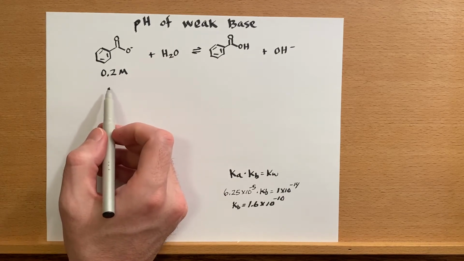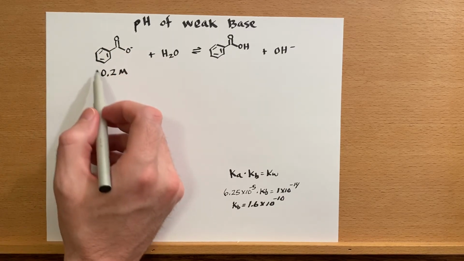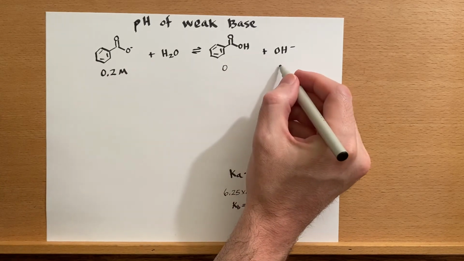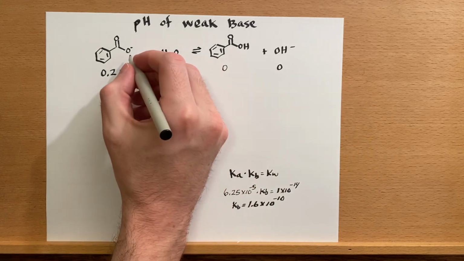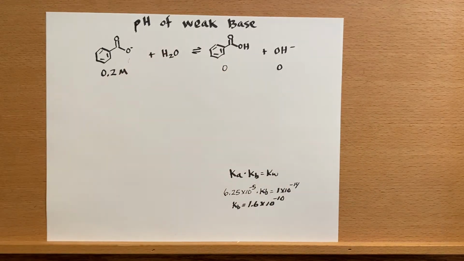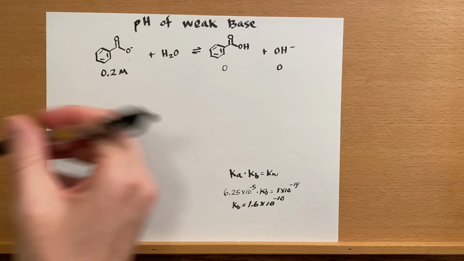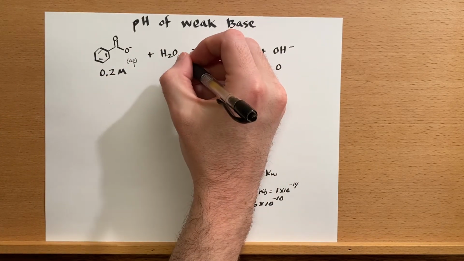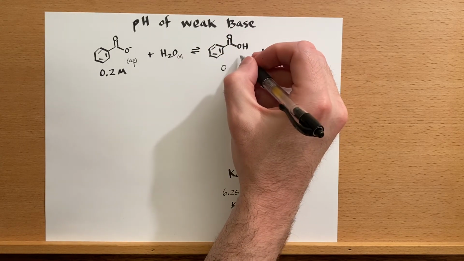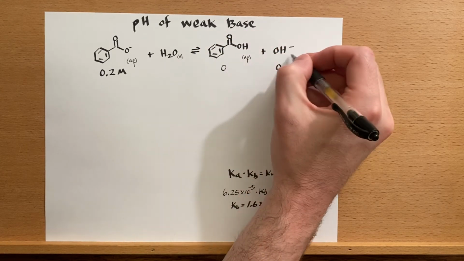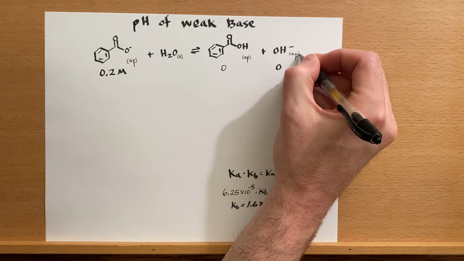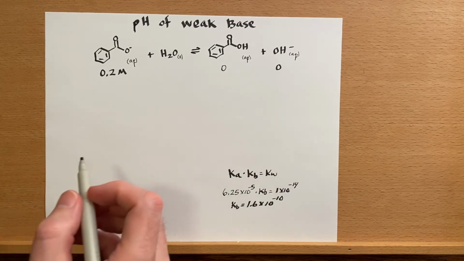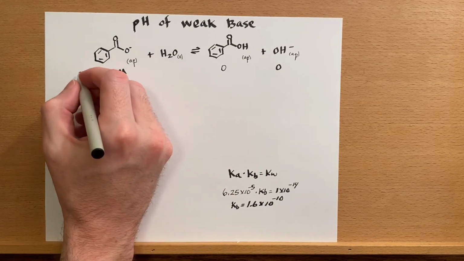So if we had a solution that's 0.2 molar of the benzoate ion, and we don't have any of this in the solution or that, and these are aqueous right here. This is a liquid, that's the solvent, this is aqueous, and the hydroxide's aqueous as well. That may come in handy when we're writing our equilibrium constant expression.